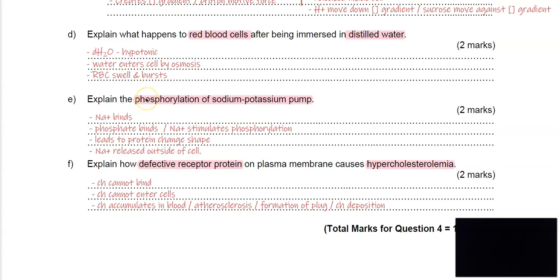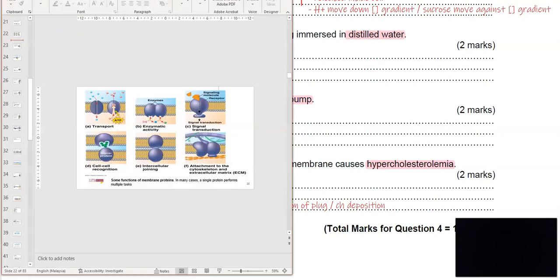Phosphate from ATP will be hydrolyzed, releasing one of its phosphates, which attaches to the protein and causes the protein to change shape. That is the purpose of phosphorylation, as you can see from this slide.